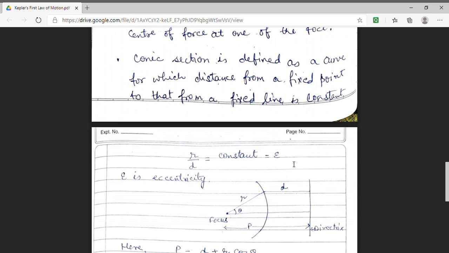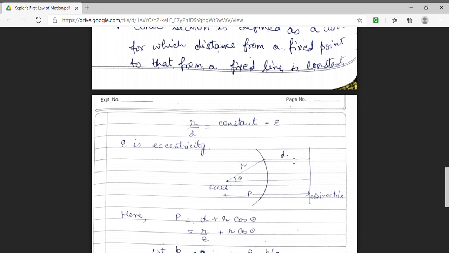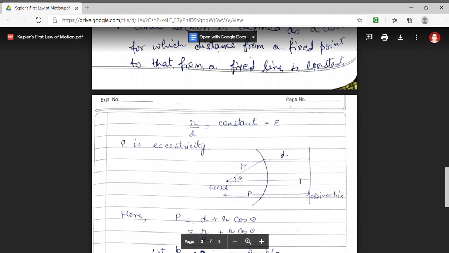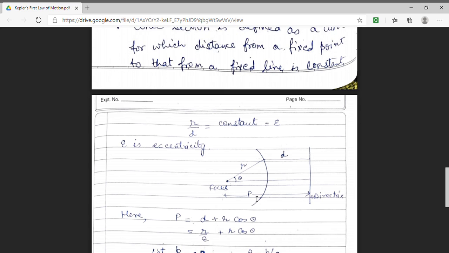Here we have taken the distance between the focus, which is a point, and the directrix, which is a line, to be capital P. We can find the distance from the figure, assuming this angle to be theta.